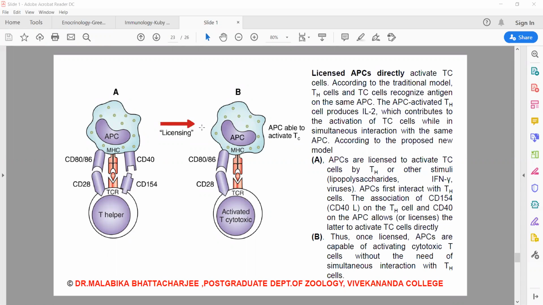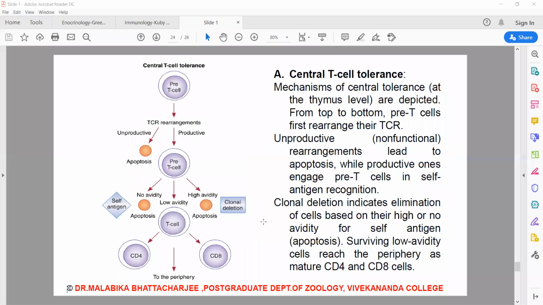There is no first and second, but in case of the antigen presenting cells in various tissues, in the lymphatics, in the blood, the APCs need a priming by the mature CD4 positive cells first, and once they are activated or signaled by the mature CD4 positive cells, then they have the license to also present antigens via the MHC class 1 to the CD8 positive or the T cytotoxic cells.